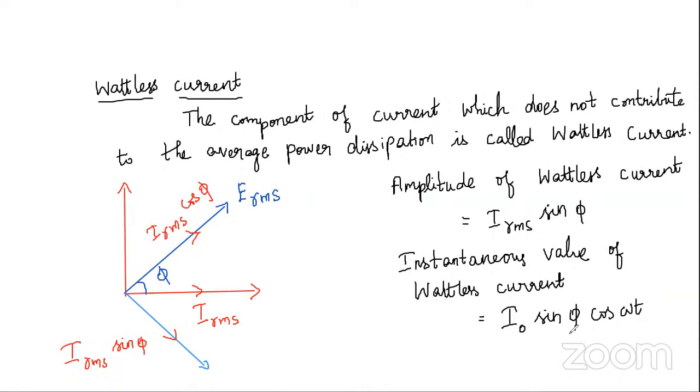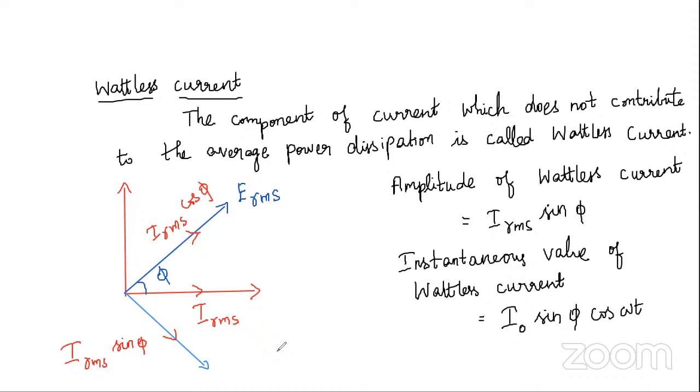So what is the phase difference between this wattless current and the voltage? As I have mentioned earlier, this IRMS sin phi always maintains a phase difference of pi by 2 with the ERMS, so it does not contribute to the average power dissipation. The next point regarding wattless current is its RMS value.